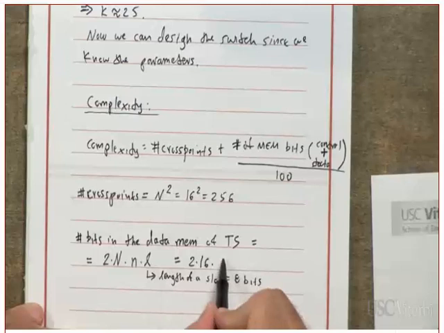Alright, so the next is the number of bits for space switch control memory. Over here, how many lines?